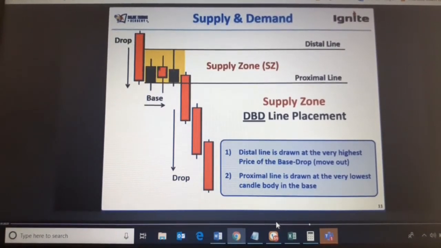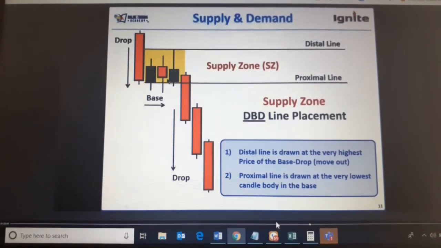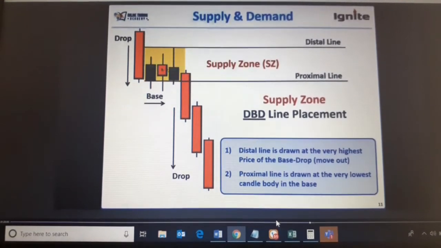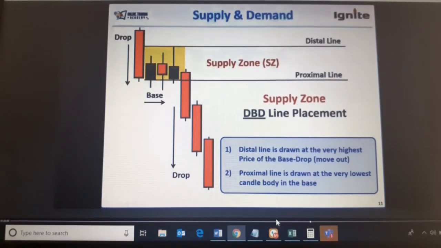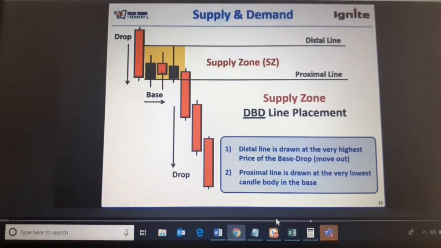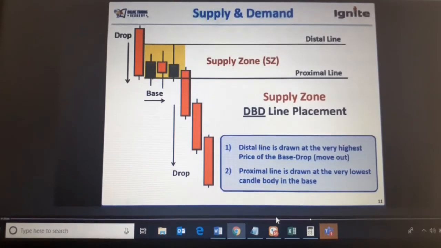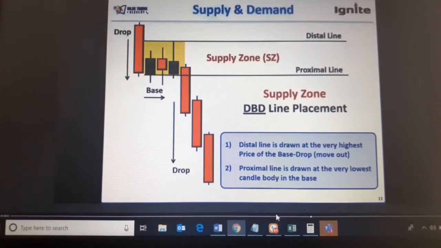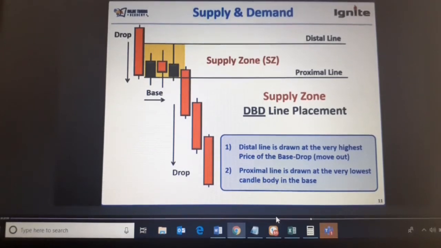And the proximal line, as I told you, is always concerned with your bases. So whichever is the lowest body in the base, that is where your proximal line will be. There are three bases over here, and among these three bases, we have this as the lowest body. So that's why this will be your proximal line for your drop base drop.